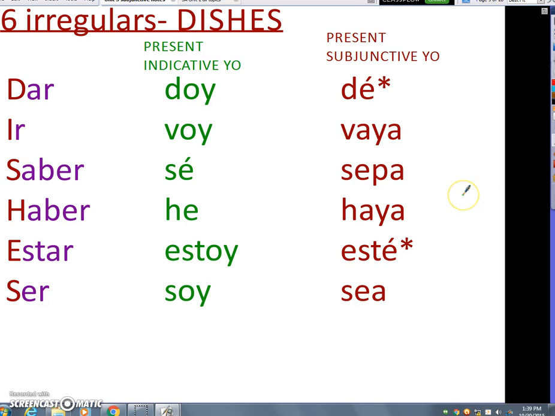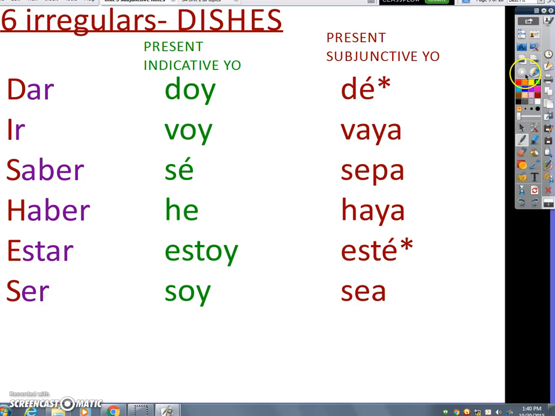And while they are irregular, they're not crazy. Look, an AR verb still ends in an E. The IR and ER verbs still end in A. So while they are a little bit strange, they're not totally off the charts. And you may remember these from doing commands. I keep repeating myself with that, but I can't stress enough: we've already done a lot of this stuff, and we can use that to help us do the subjunctive.